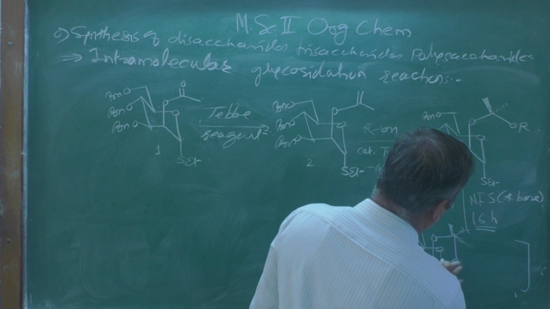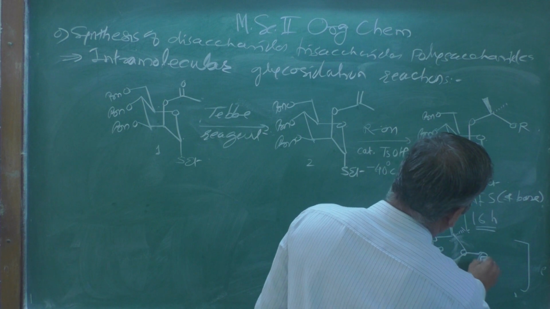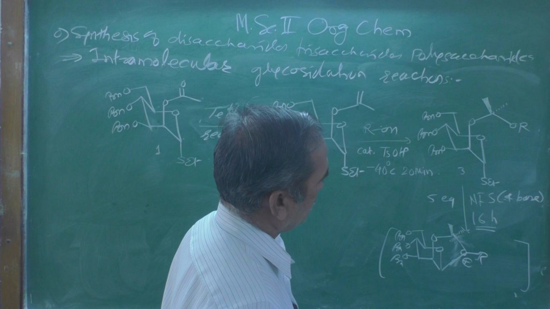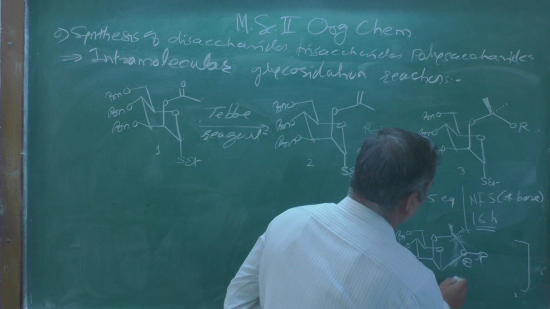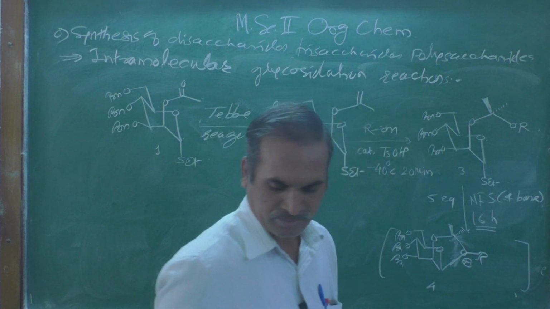You can join the oxygen atom over here like this, and the R carries a positive charge. This is structure number 4.